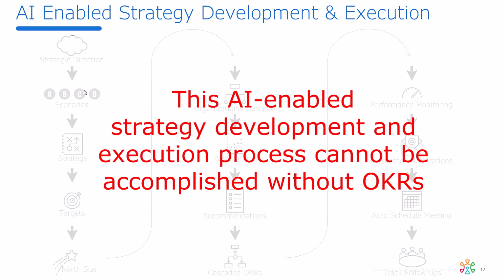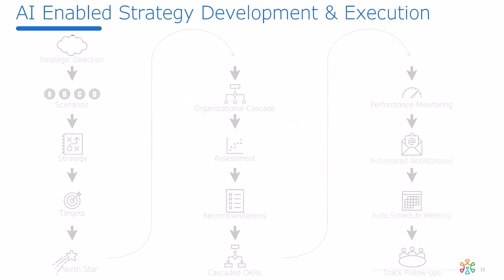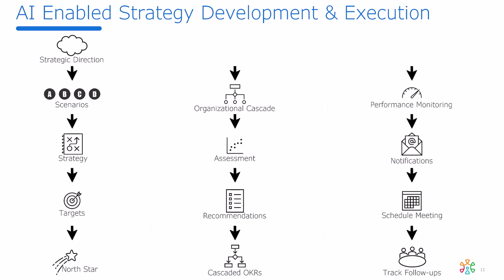So this entire story is all about how OKRs enable us to develop strategy and execute strategy in organizations. And our role as OKR experts is going to change significantly once you begin applying these GPT magical steps as we have begun doing at our clients.